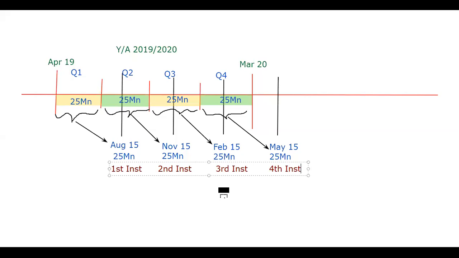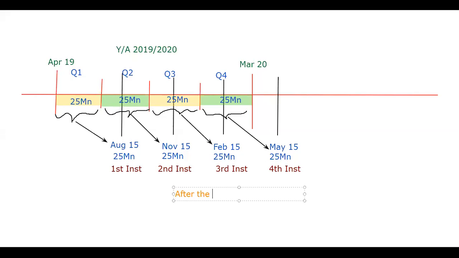Then here, this is the quarterly installment based on the actual liability. Soon after the audited accounts are finalized, you realize that the amount is a little different.